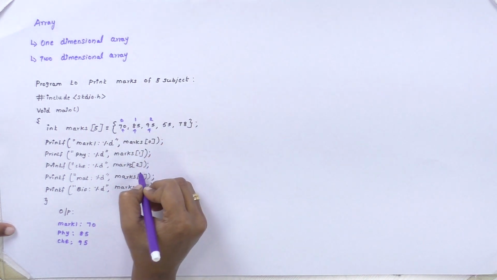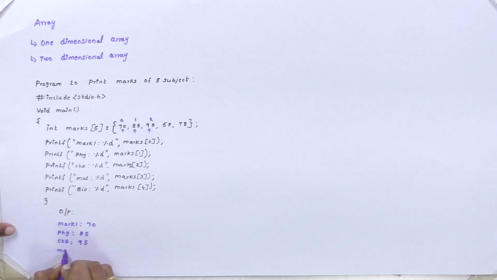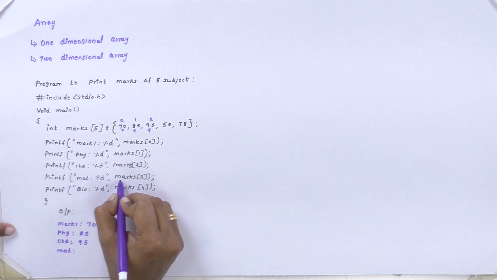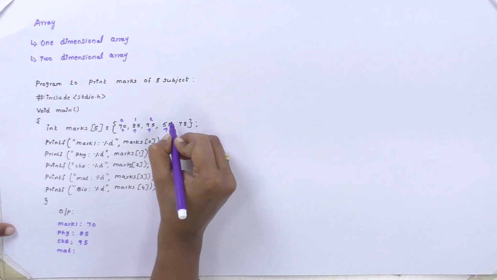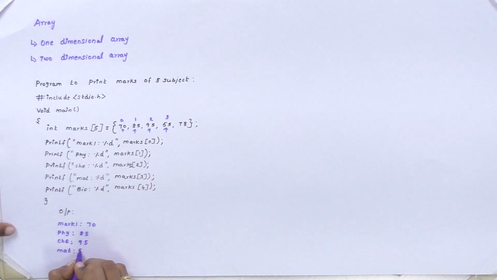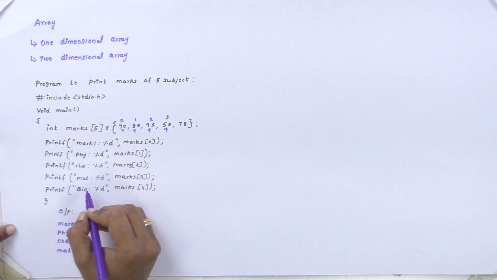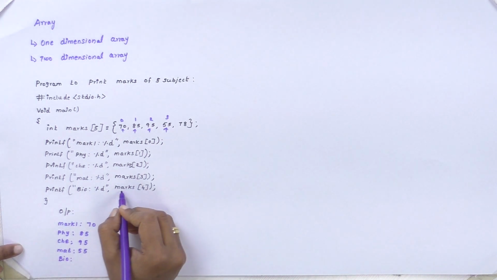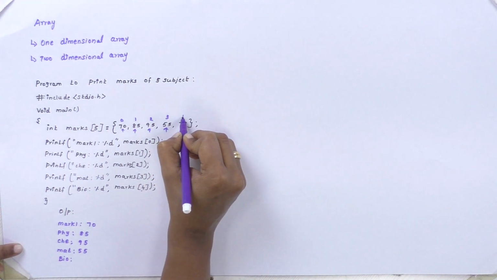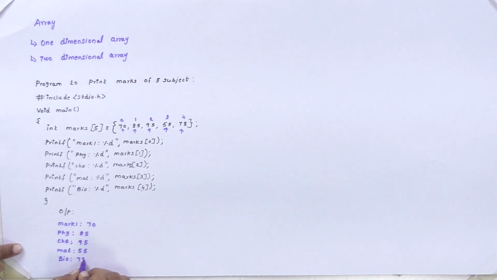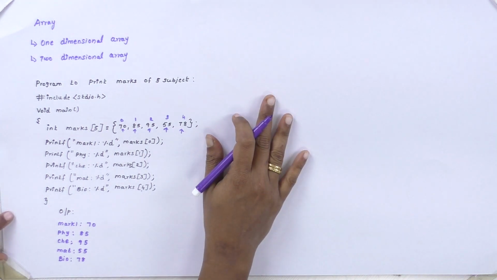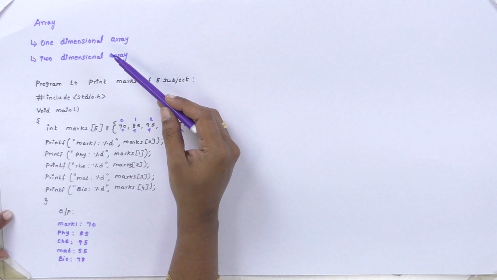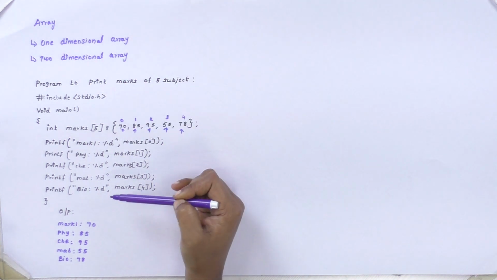Next max mark, this statement prints max and marks of 3 represents 55. Then biology, marks of 4 represents 78. So this is the explanation of a single dimensional array.